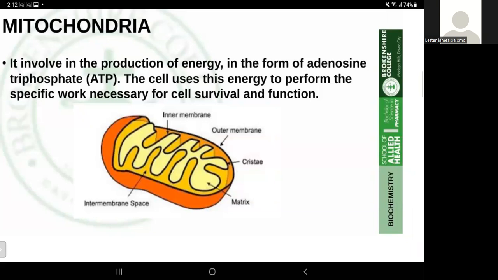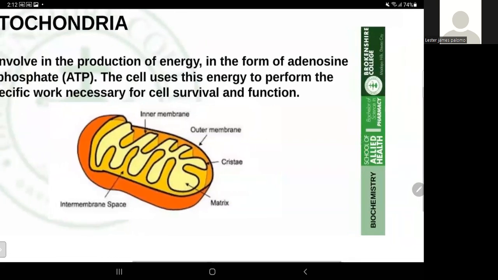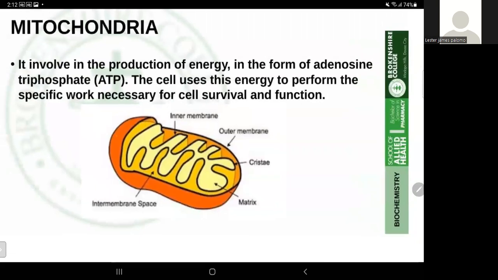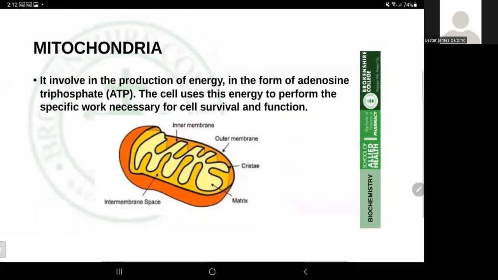That's why it is somewhat coiled, like a sausage. So the purpose is more storage for energy. That is why cristae have that form. Okay. So that is your mitochondria.